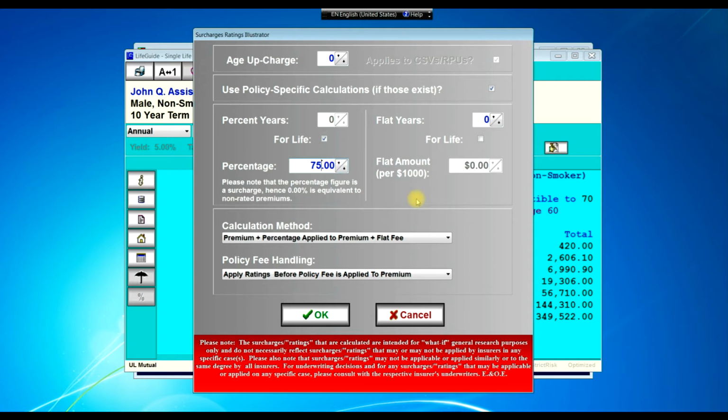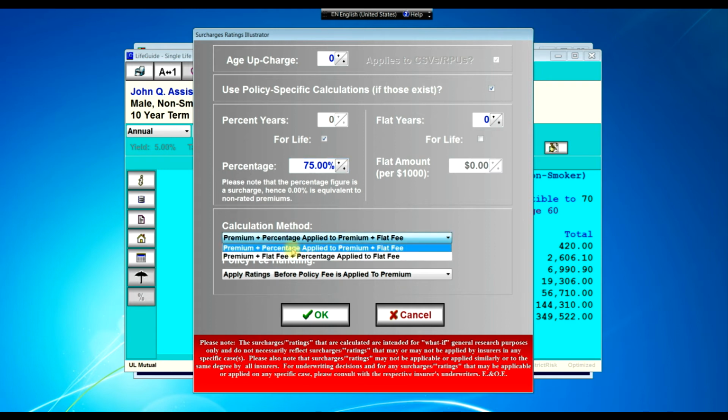Okay. Now, there are various ways in which these are calculated. It depends on the insurance company. So we provide here in LifeGuide's Ratings Illustrator the various ways.